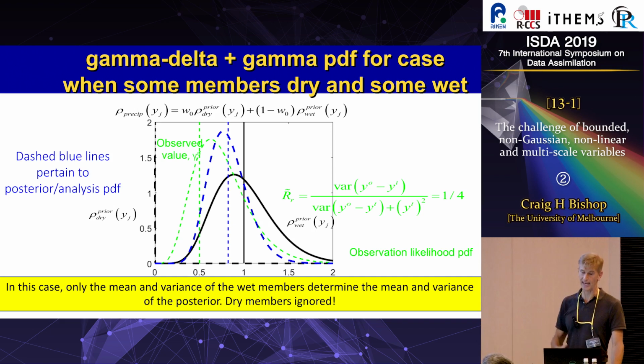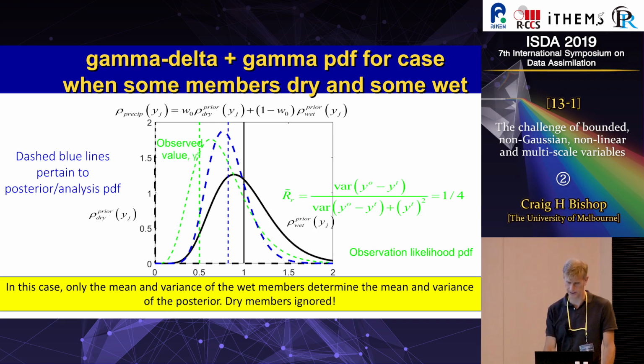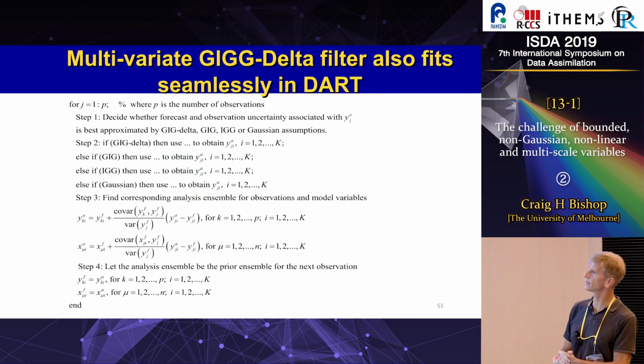Now I do have some wet members, but I have some dry members as well. And then I have my other 50 members. I can compute a relative variance and a mean from those and fit a gamma PDF to those. They'll get the weight 1 minus W0, where W0 is the frequentist probability in the ensemble that there was 0 rain. So you can fit this into Dart as well.